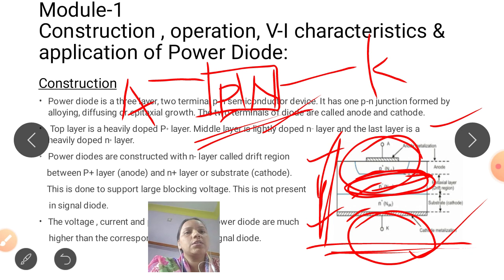The main difference is that the signal diode is for the low power level, and the power diode is for the high power level.